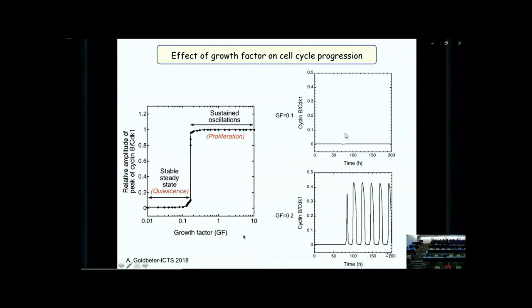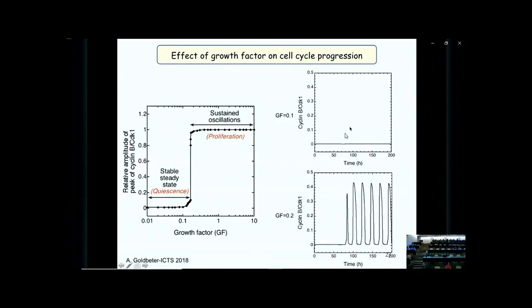We see that this is representative of the whole system, by the way. So we have a quiescent state corresponding to a stable steady state. And then there is a critical level of growth factor above which the steady state becomes unstable and sustained oscillations occur.